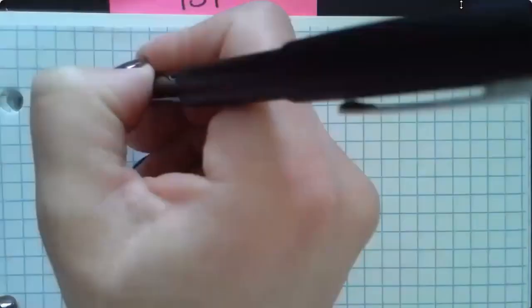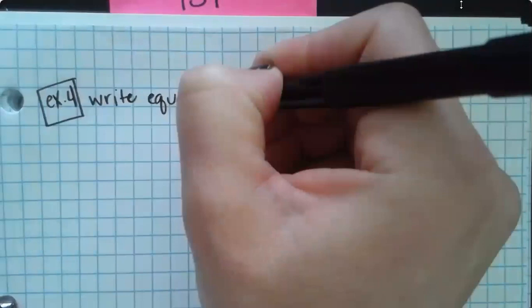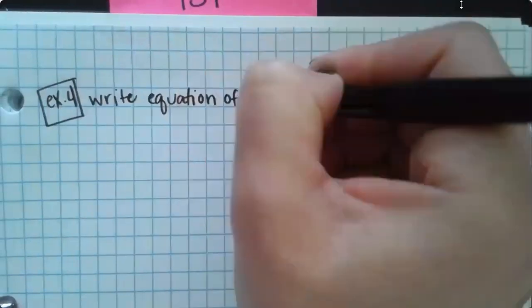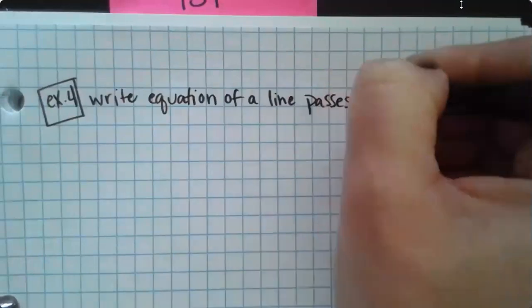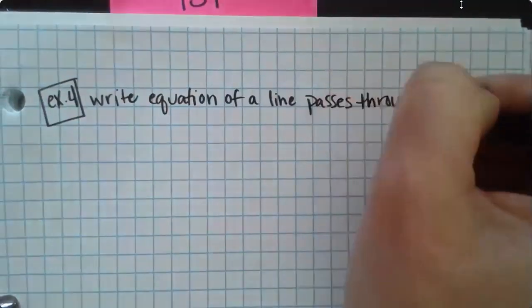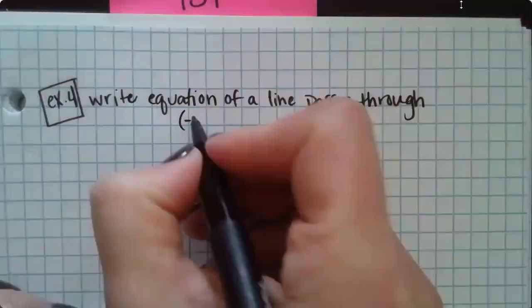And it says, write an equation of a line that passes through -3, 1.